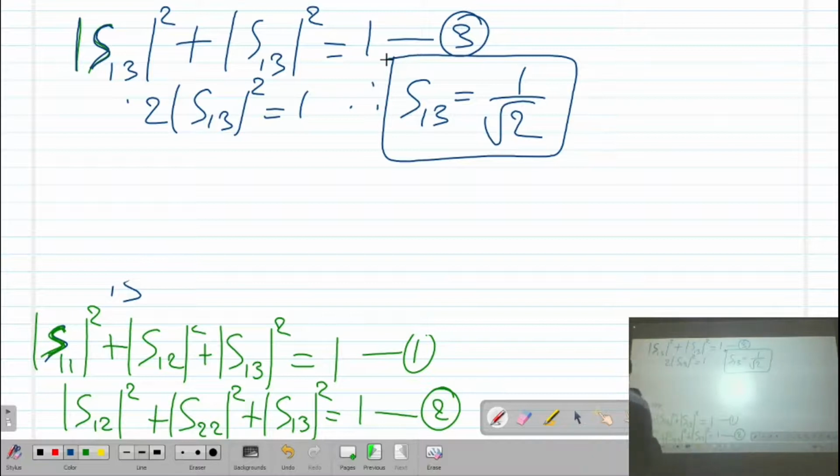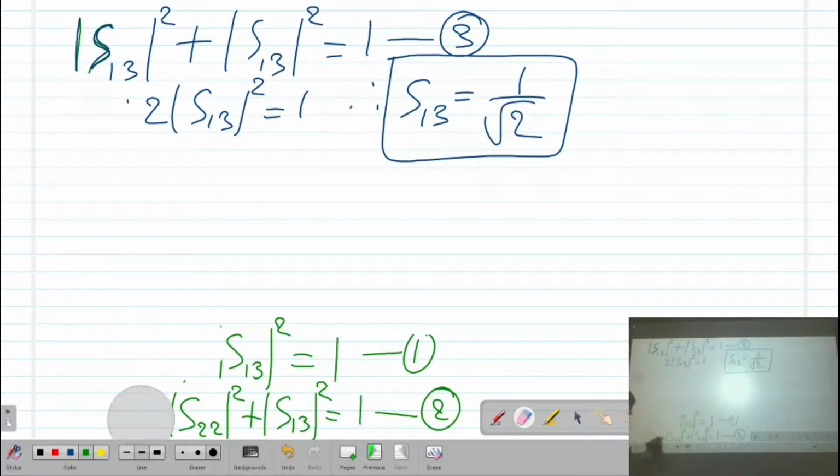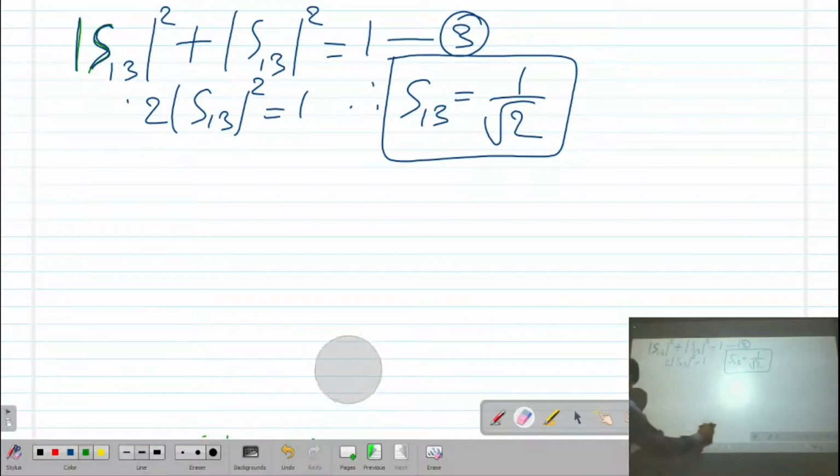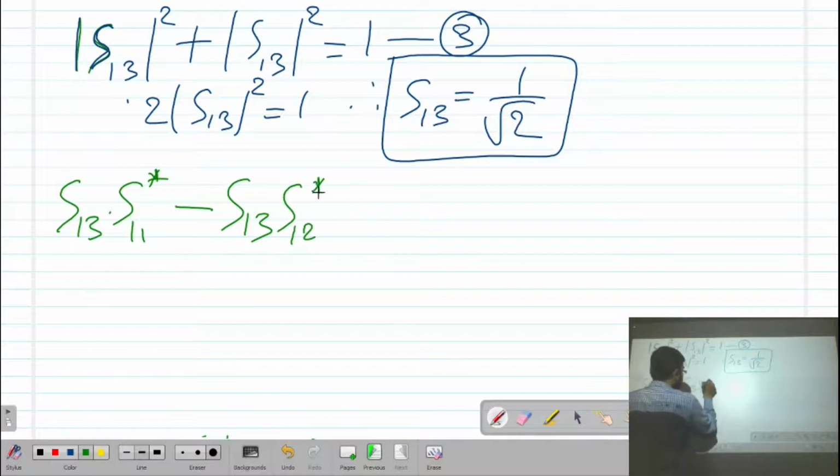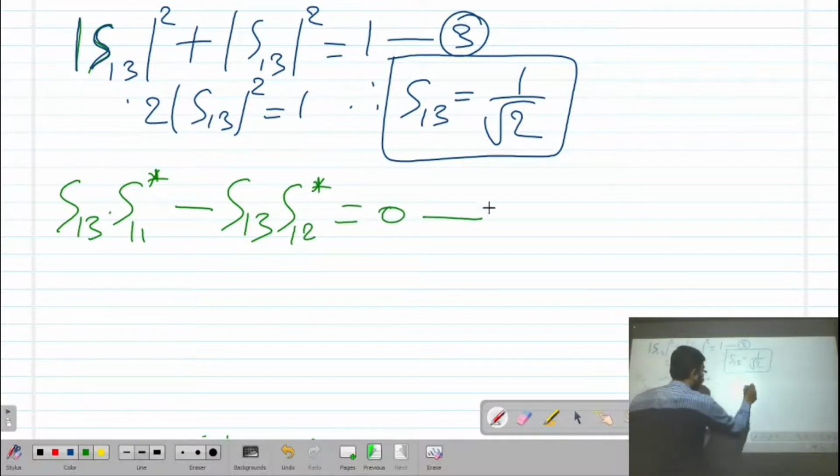Okay? And moving ahead, we will have S13 S11 star minus S13 S12 star is equal to 0.